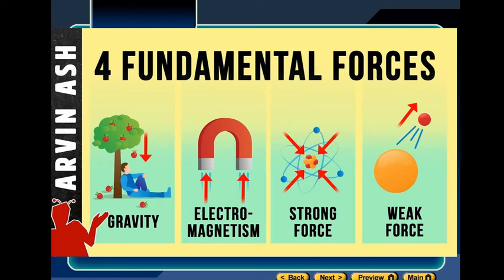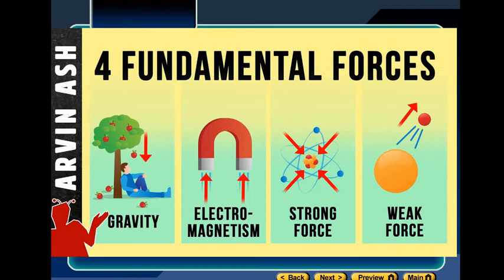You should know that gravity is the weakest field force of all, but it depends on the mass. The Sun has the biggest gravity because of its very huge mass. That is gravity.